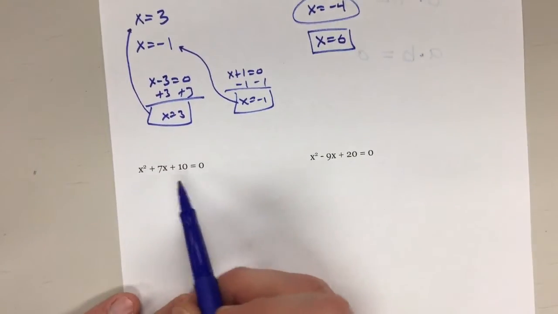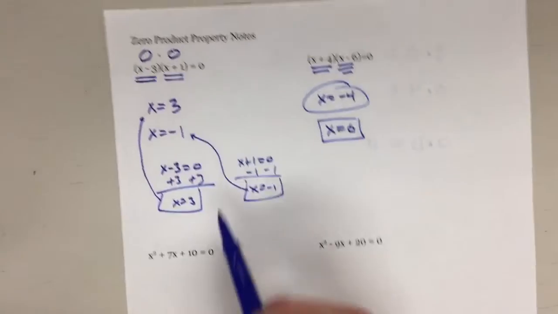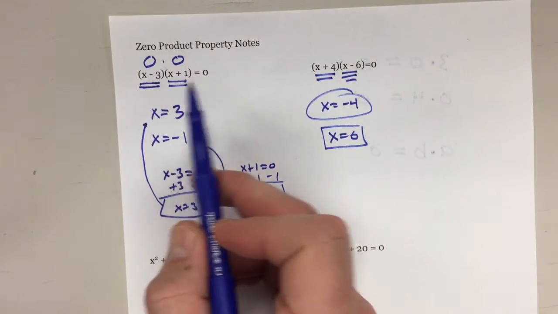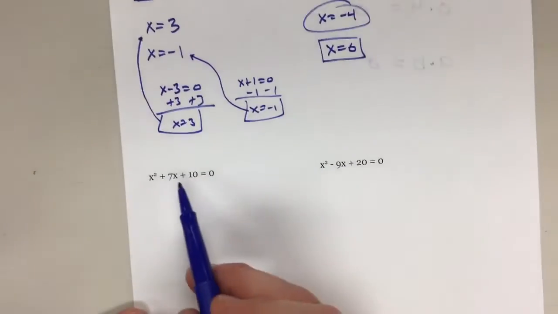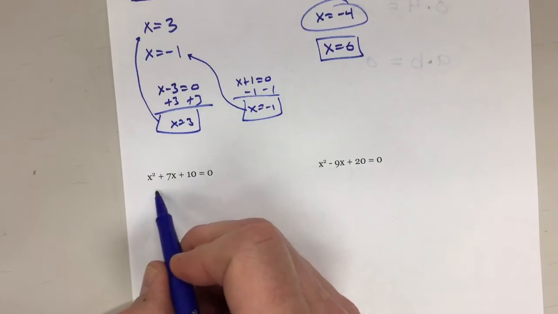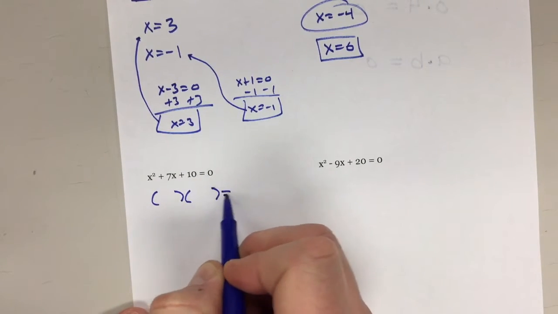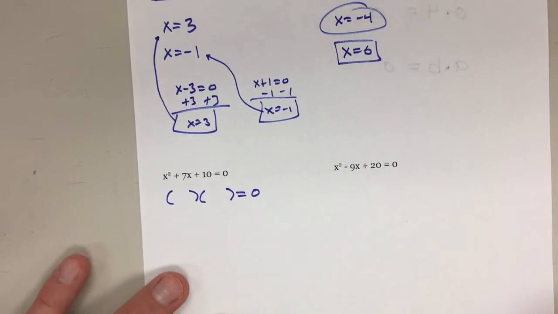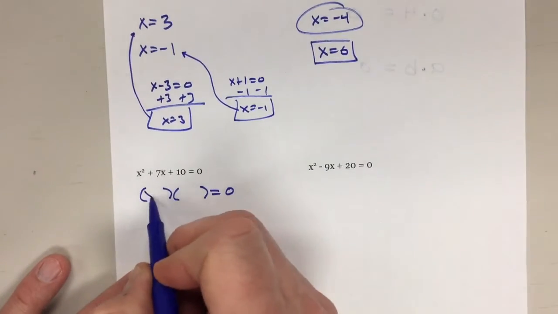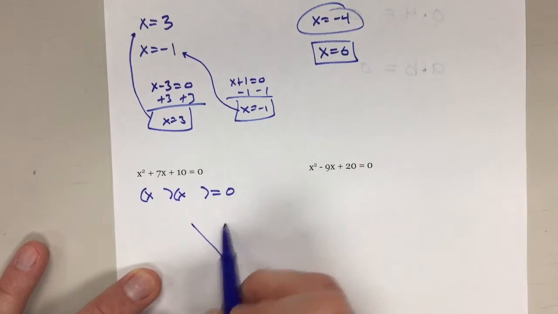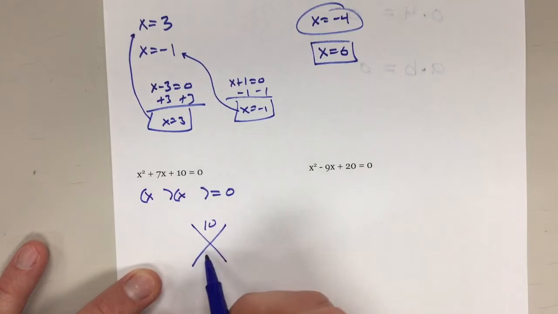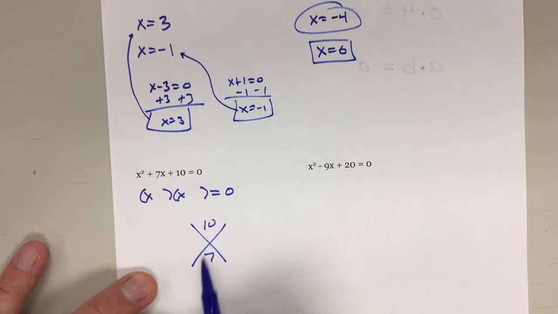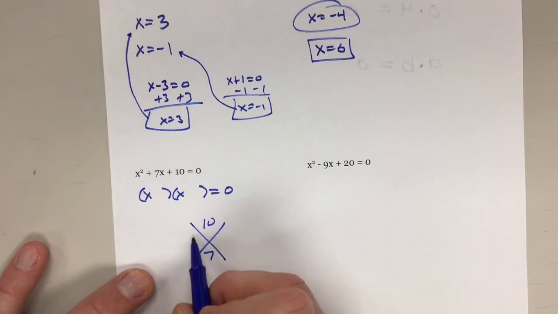Now, you'll notice on this one, it is not factored yet. So I don't have the two things that I'd multiply together to get 0. I have this statement. So you're going to first have to factor this. This is what we did last unit. So remember, x and x goes here. You put 10 on top, you put 7 on the bottom. Think of two numbers that add to be 7, multiply to be 10.